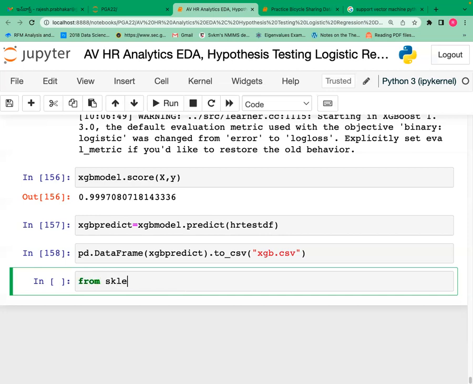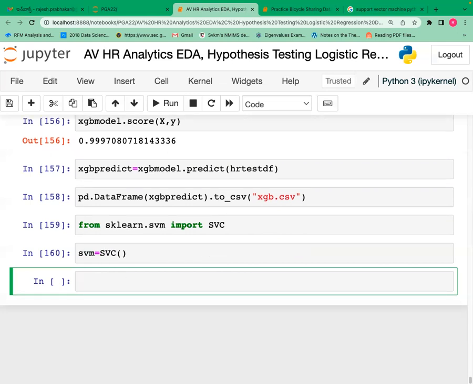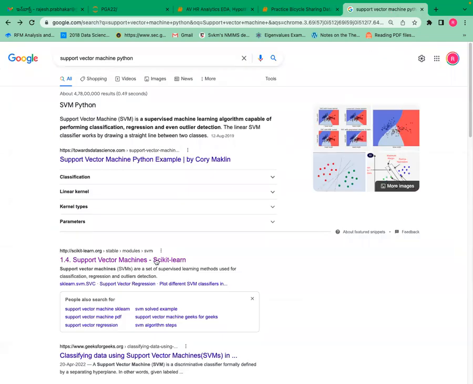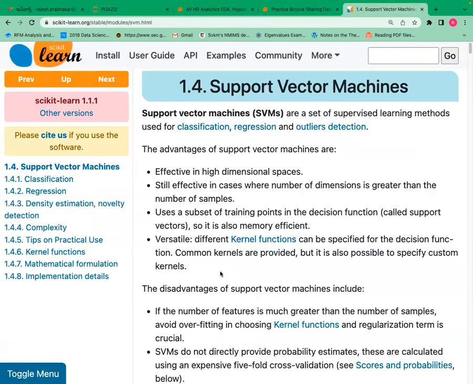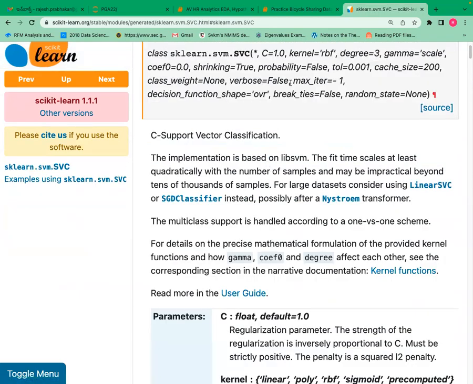From sklearn.svm import SVC. svm equals SVC. We are keeping the default kernel as RBF, and the C value is 1.0.